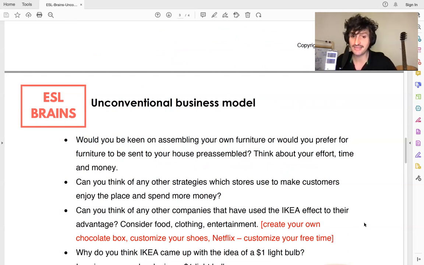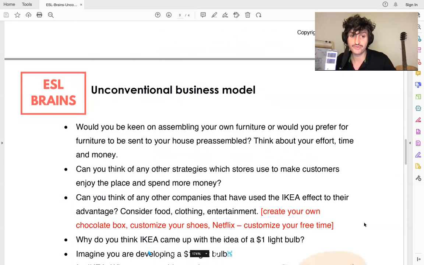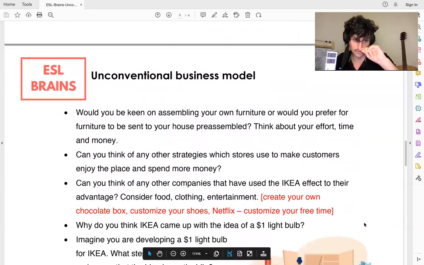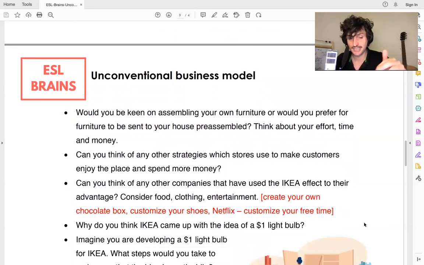Okay, some people don't like that, but it's the reality, right? It's the reality of this world. So, we need to make our customers spend more money, but we can also help them enjoy the place, right? So they can have a good time as they're spending more money. Again, that's perfect. It's a win-win situation.